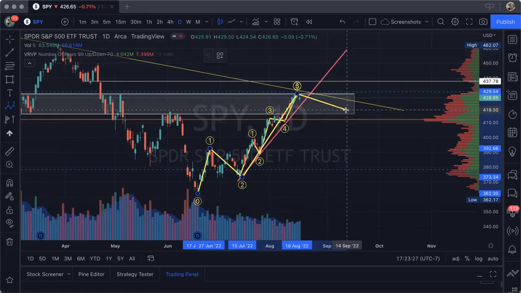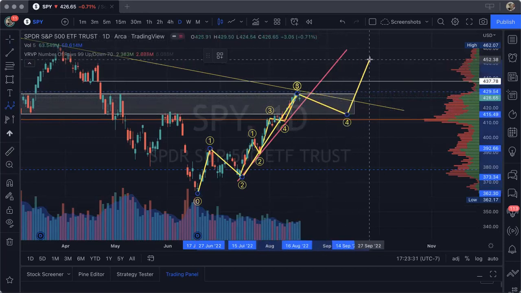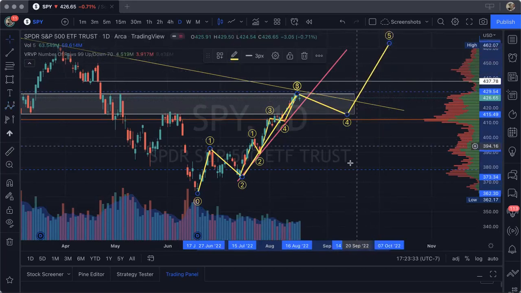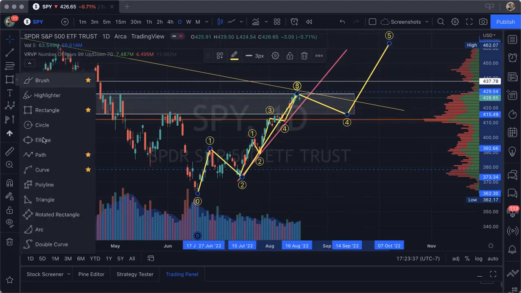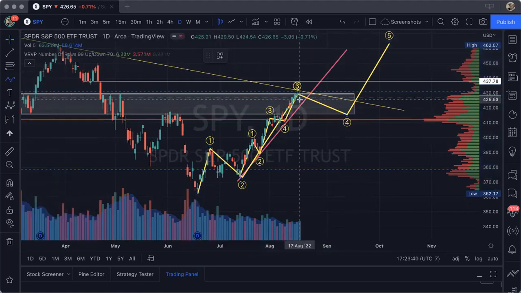Okay, so if that's done and we're not moving up anymore, that would be a possibility, right? We would do something like come down to this, retest, right?